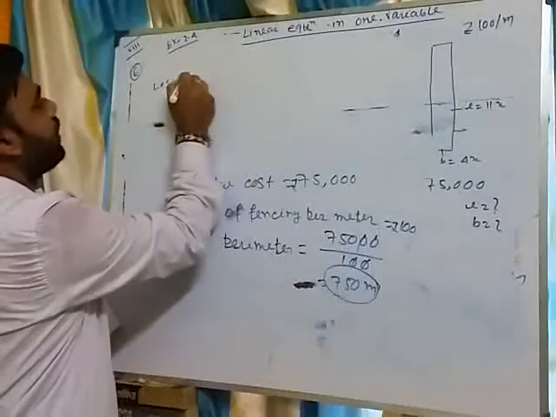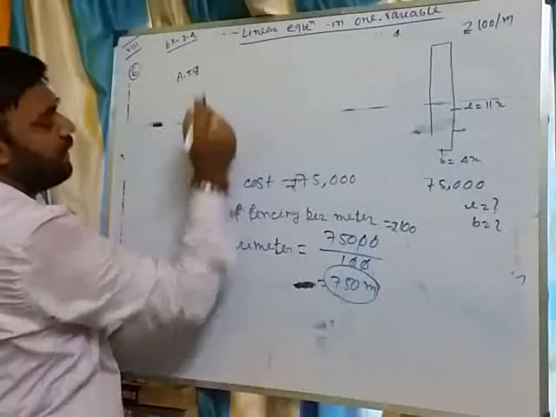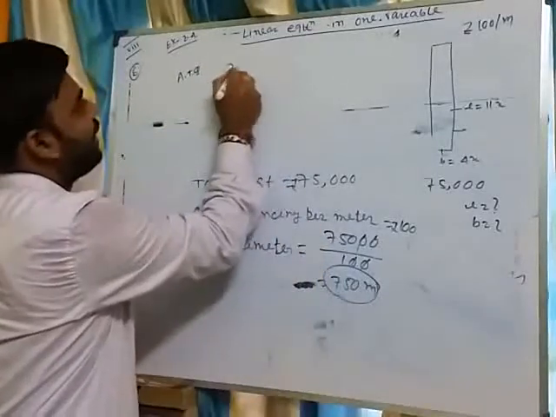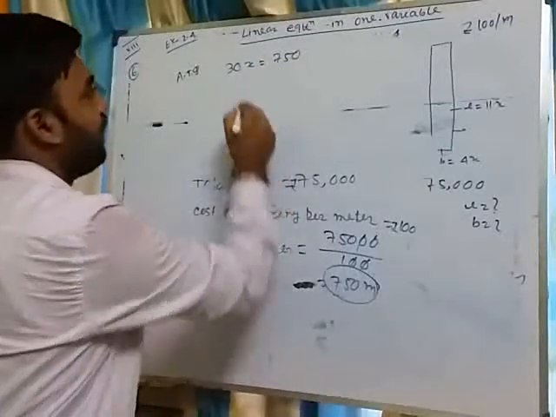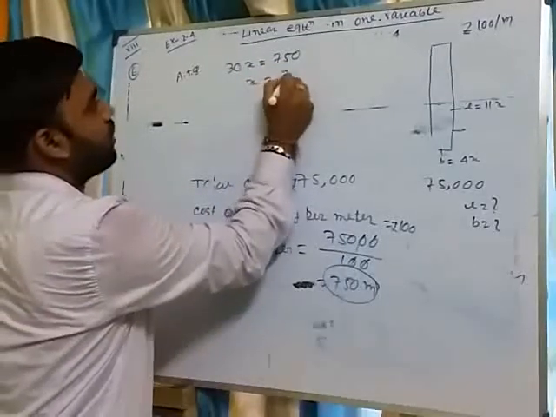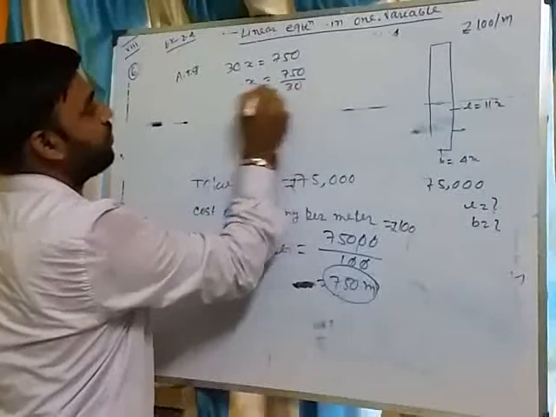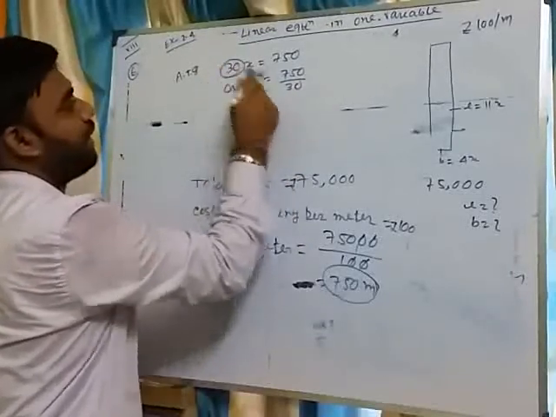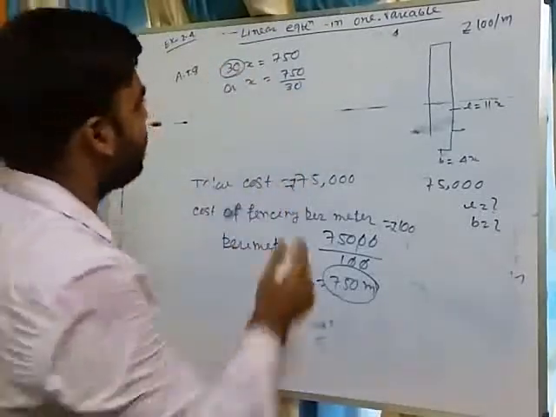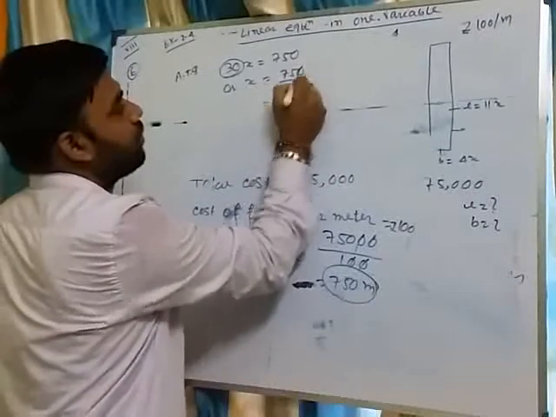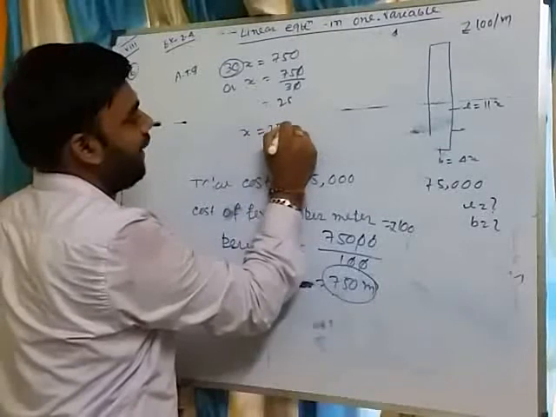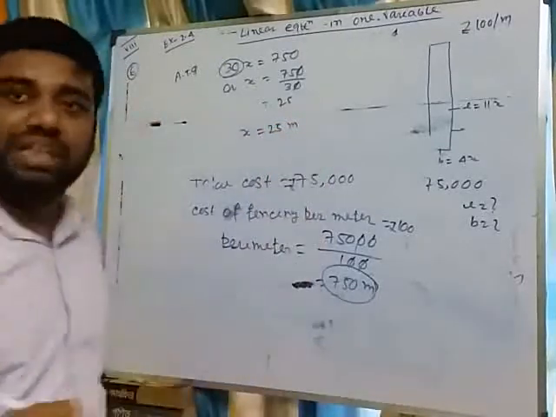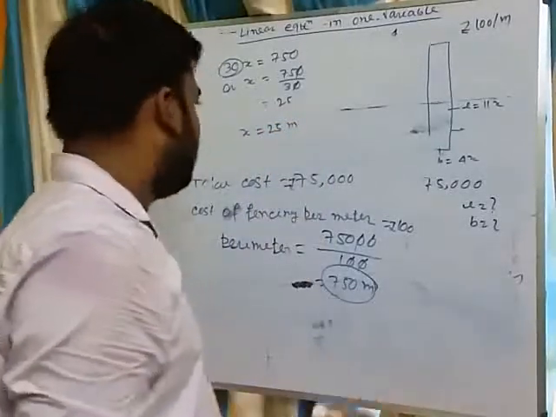Therefore, as per the condition, 30x equals 750 meter. x equals 750 by 30, that is 25. x equals 25 meter.